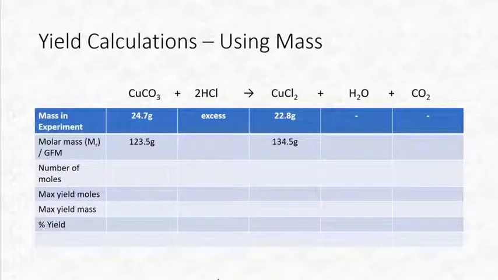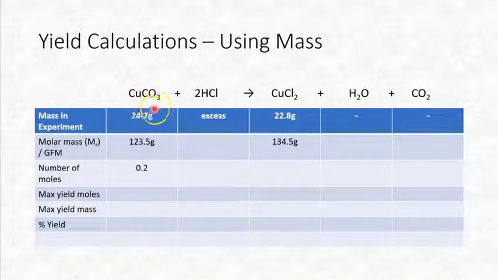What does that mean? Well, it means we need to work out the amount of copper chloride as a percentage of the maximum. So I've done this little table, so we can see here we've put in the amount of copper carbonate in our experiment, 24.7, the yield of 22.8 grams, and then we've put in the molar mass of both in place as well.